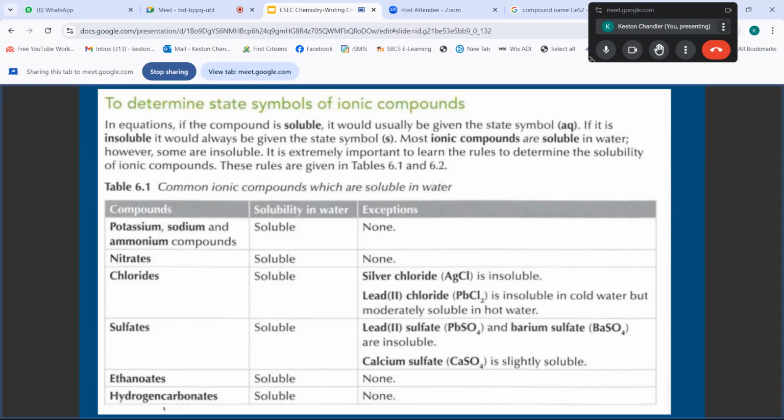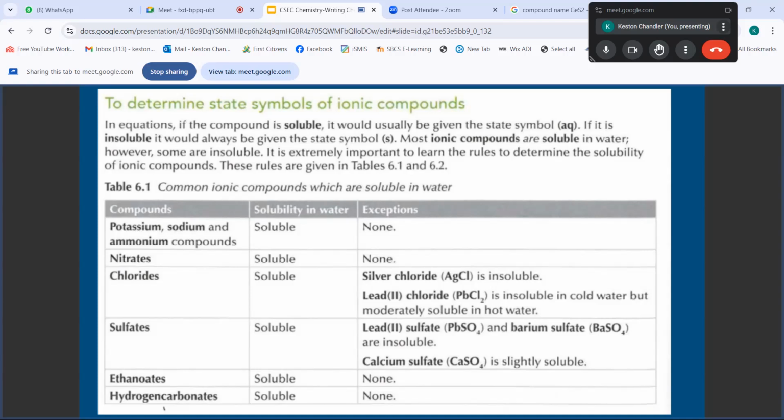So it's very important for us to learn the rules that determine the solubility of ionic compounds. This is another table you need to add to your little index at the back of your book, right? So compounds from potassium, sodium, and ammonium are soluble in water. There are no exceptions to that. Nitrates, all nitrates, wherever they come from, are soluble in water.